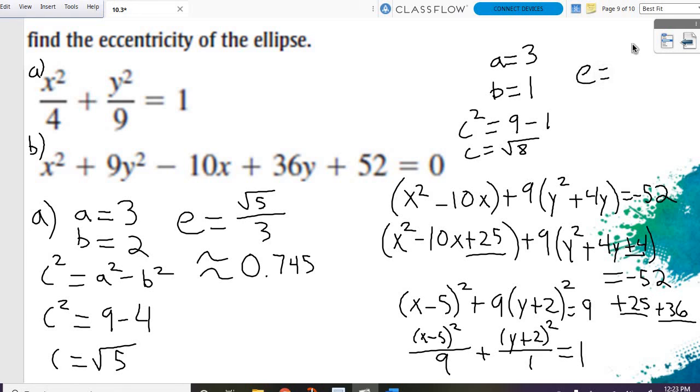So our E is going to equal the square root of 8 divided by 3, which is what? So it's like 0.942. So that one's really not like a circle. It's going to be really, really flat. Okay? Does that kind of make sense?